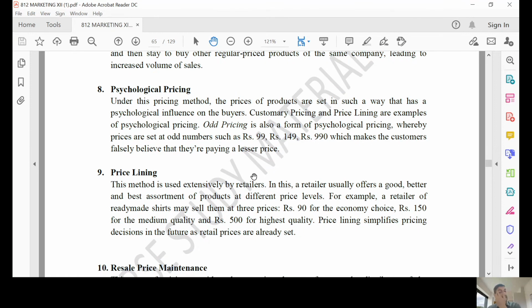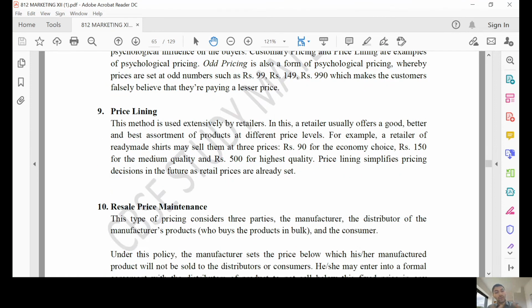Price lining. Under price lining, different products of different qualities are sold at different prices. If you go to a cloth shop, in one category, clothes are for 10 dirham, another side medium quality shirts are all for 30 dirham, another side you can find premium quality shirts all for 100 dirham.